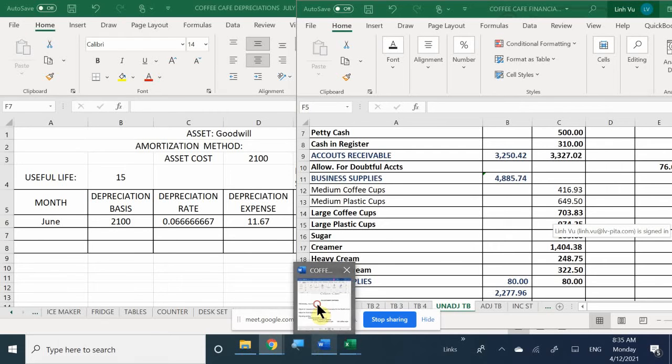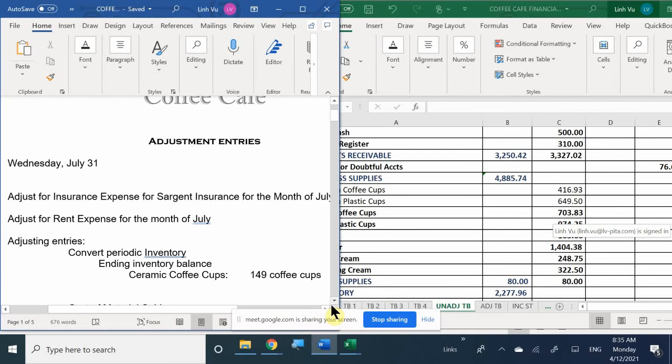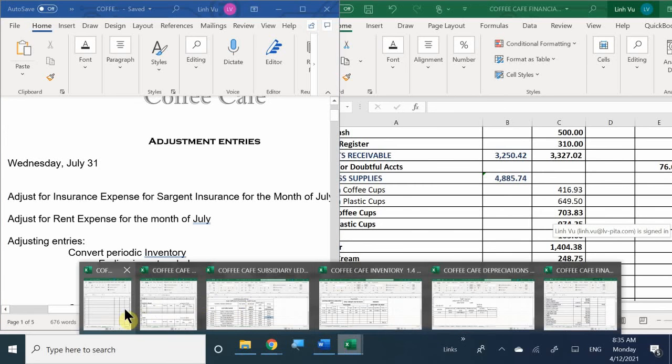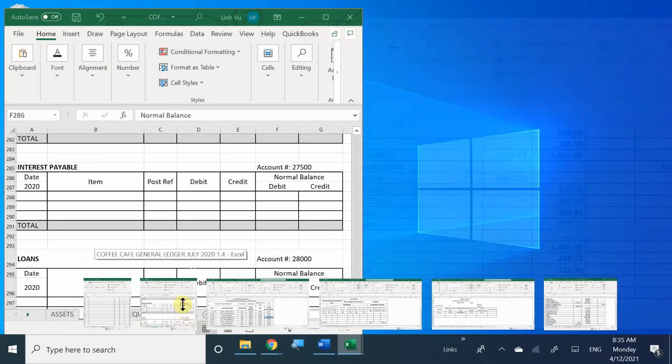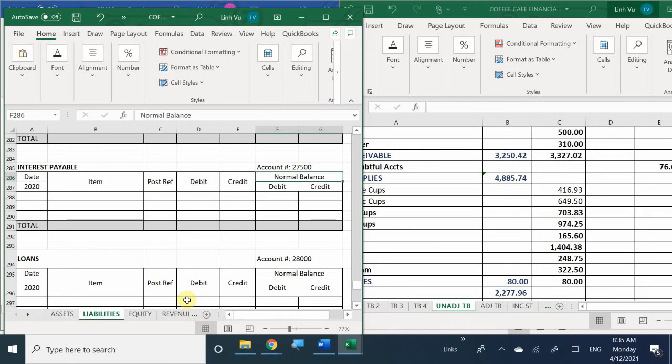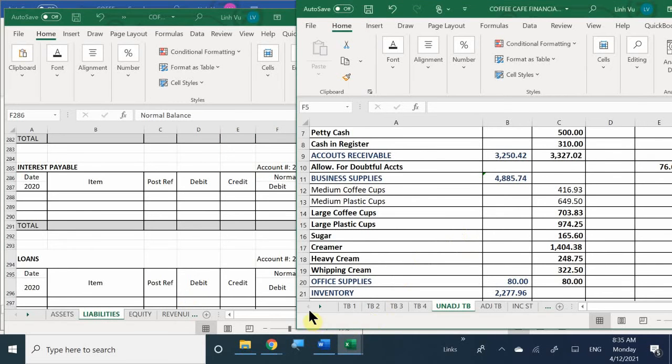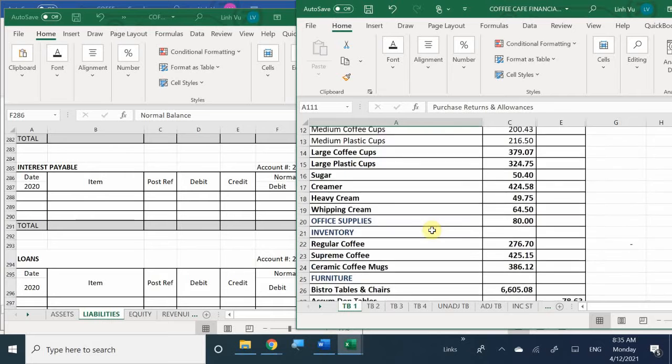So here I've uploaded on the Google Classroom the second month's worth of transactions. All I'm requiring of you for now is, if you look, I've posted the trial balance. So if you want to know what happened, here it is.